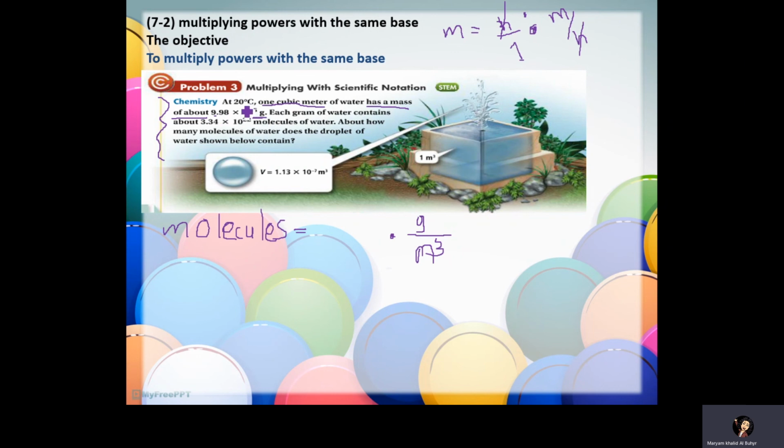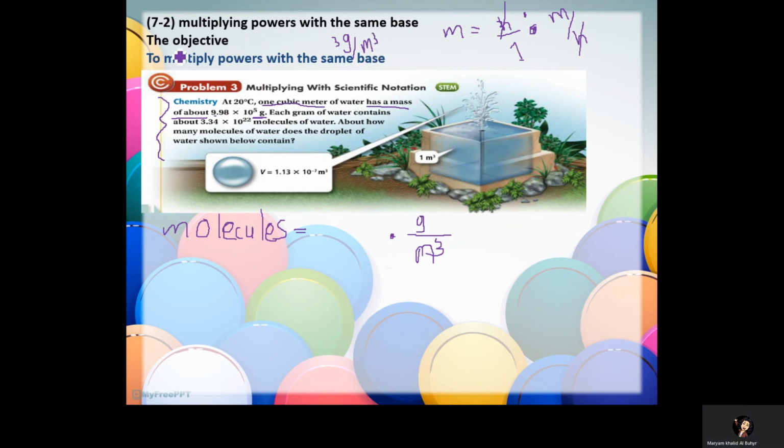Okay, that's how I represent the unit for this number. So again, our 1 cubic meter of water has a mass of about 9.98 times 10 to the power 5 gram.